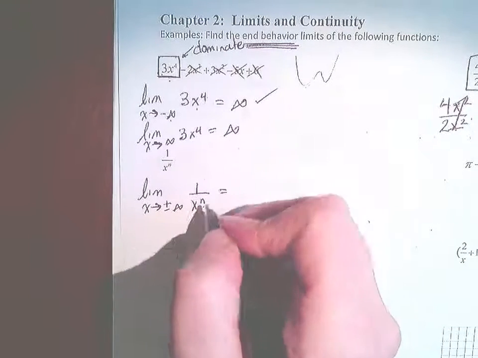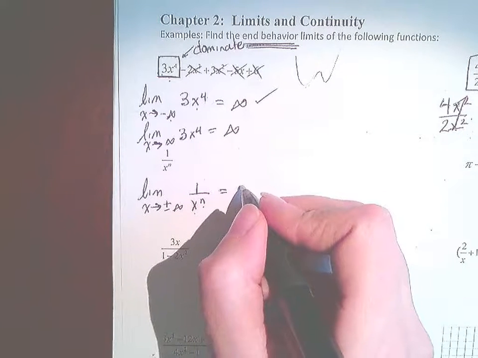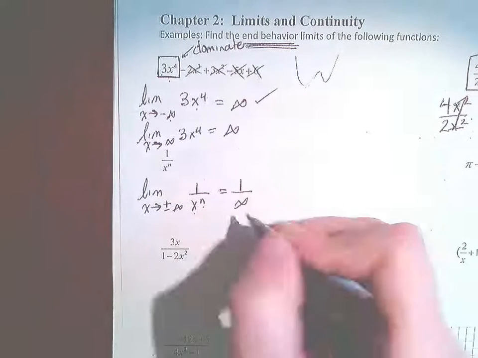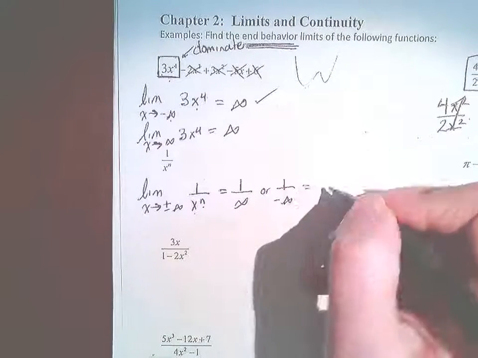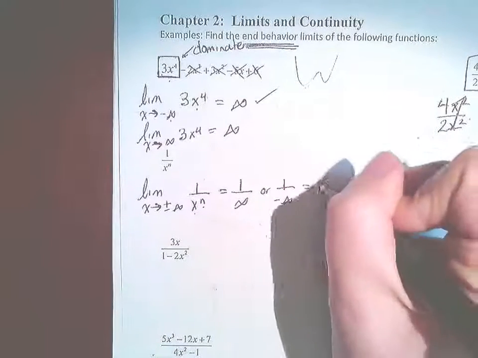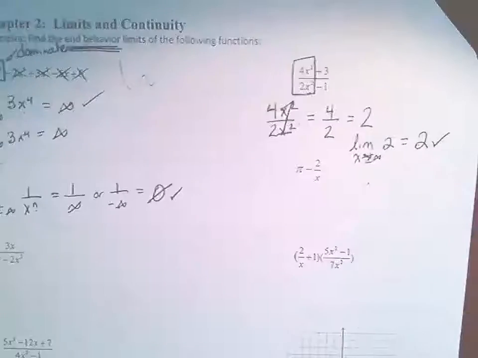And 1 divided by an extremely large number, 1 over infinity or 1 over negative infinity, is just going to be approaching 0. Okay?